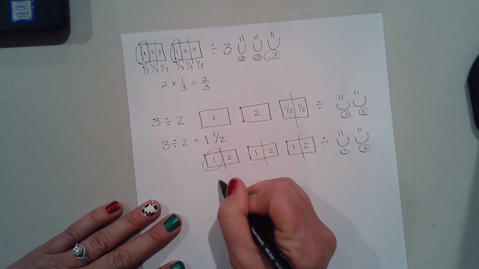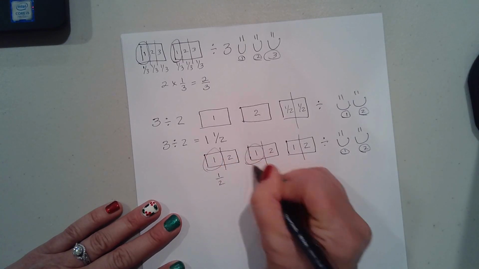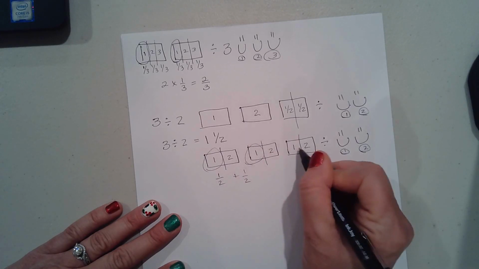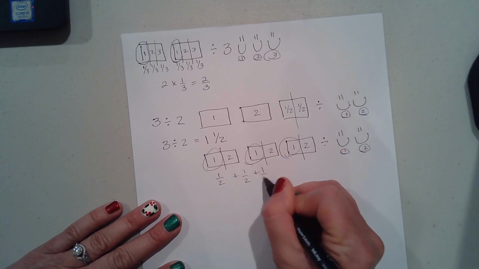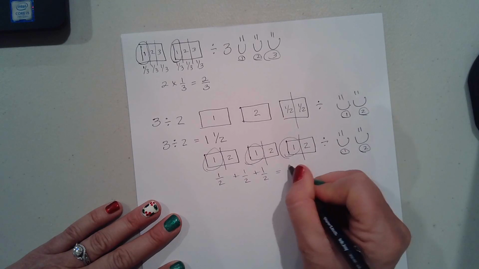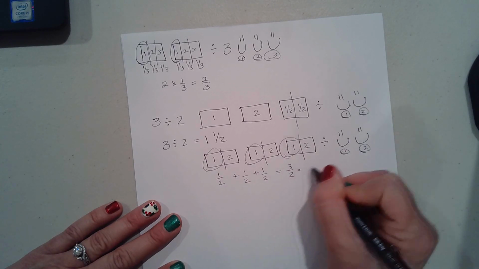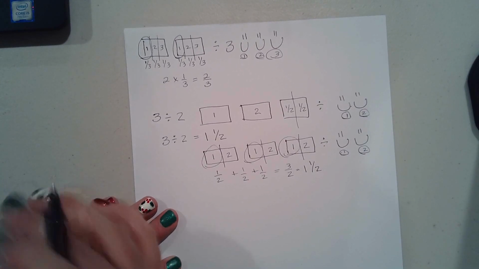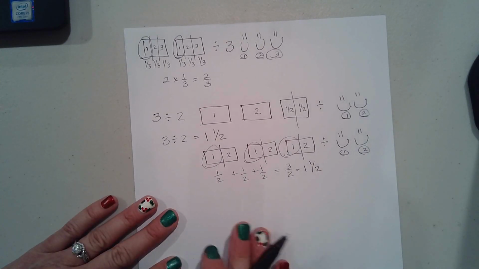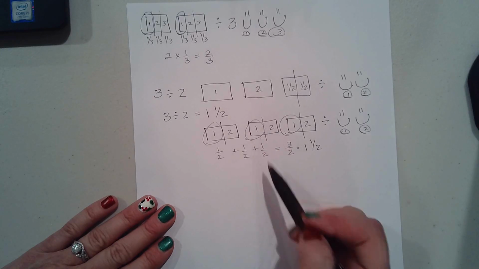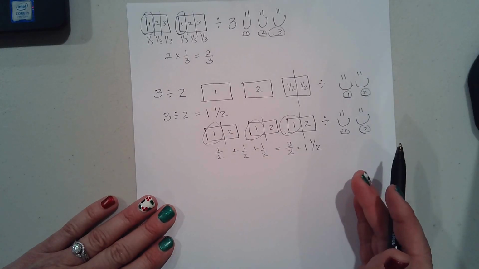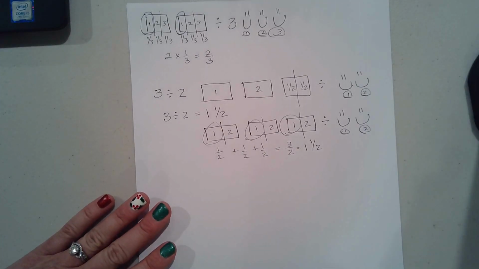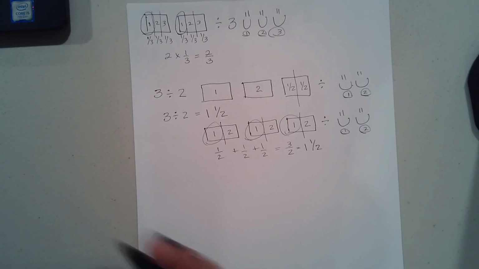So this half, plus this half, plus this half gives you 3 halves, which is equal to 1 1/2. People see this differently, and knowing how your brain works and how you're passing things out is just understanding different ways to look at the problem. All right.